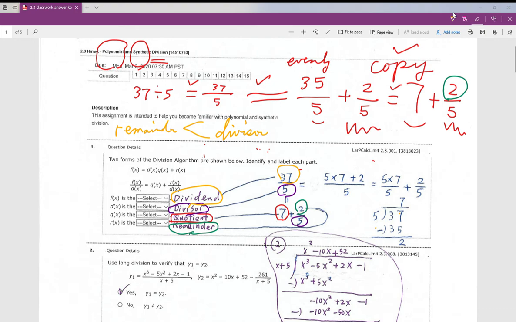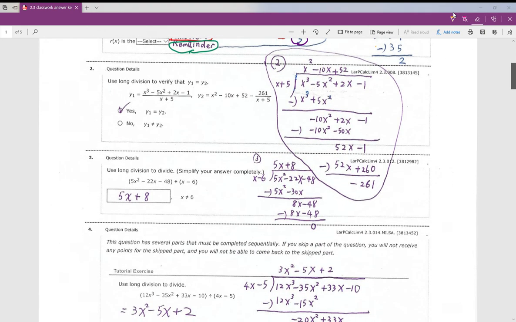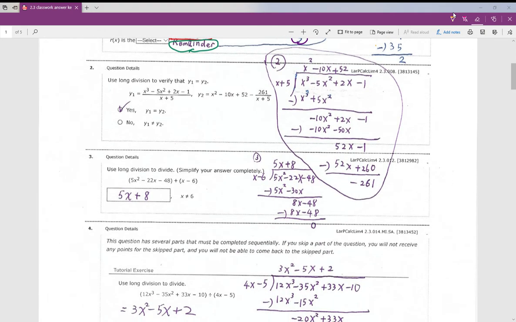When you divide real numbers, you follow this rule: you want the remainder smaller than the divisor. But when we have polynomial division, it's the same idea but different. I assume you learned that in Algebra 1 and Algebra 2, and right now it's a review. The dividend will be inside, and the divisor will be outside.